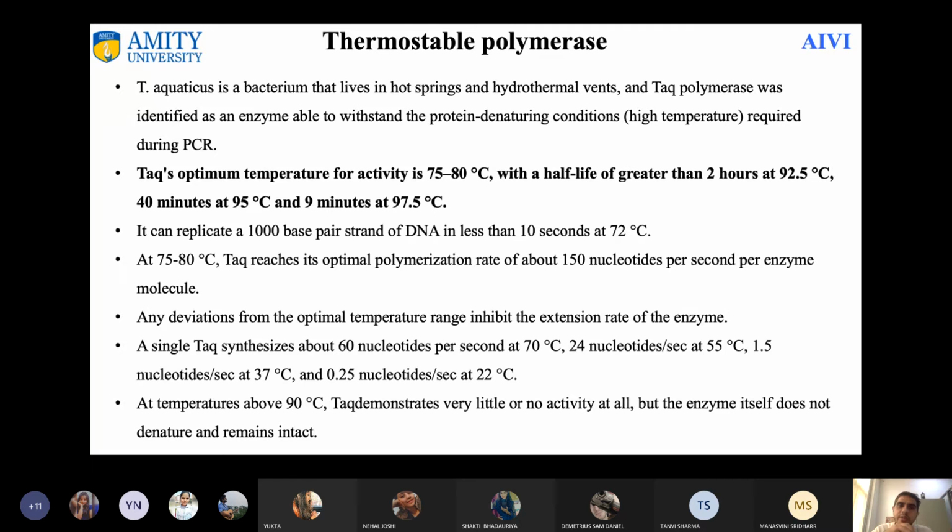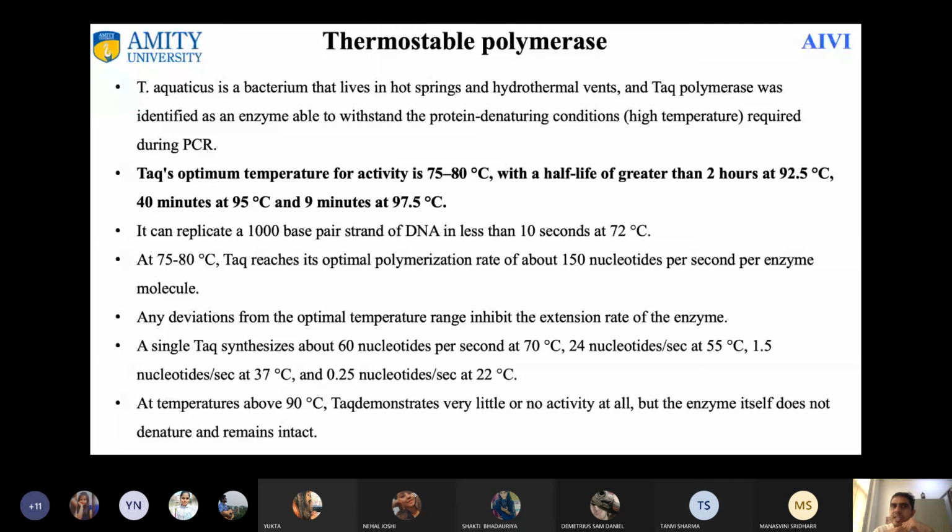Most of the enzymes that we know work at physiological temperature, that is 37 degrees Celsius is going to be their maximum temperature. And if at that temperature your enzyme got disabled, then how will you amplify? So for that we need to search for an enzyme which is not only stable at that temperature, but also functional at that temperature.